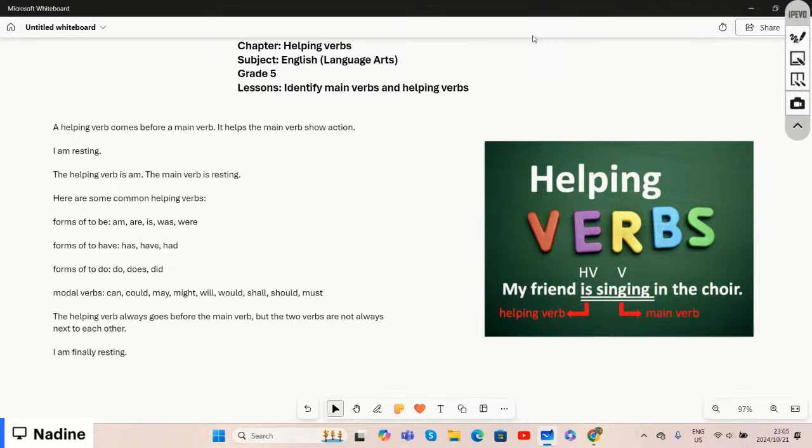It's to identify main verbs and helping verbs.